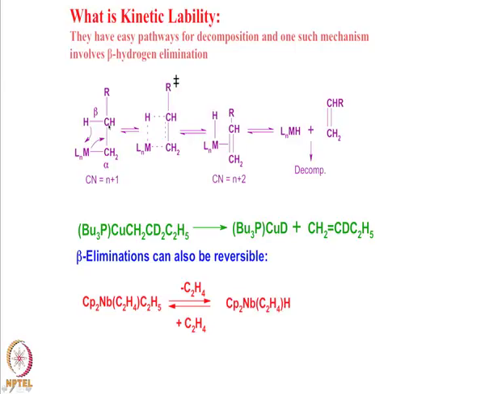When you write it this way, you can see this is the beta hydrogen atom, and due to this coming very close to the metal, you have this 4-membered intermediate here, and this intermediate takes hydrogen onto the metal and formation of ethylene is seen, and this bond breaks and eventually this decomposes to give metal hydride and an alkene is formed. So, this is essentially the decomposition.